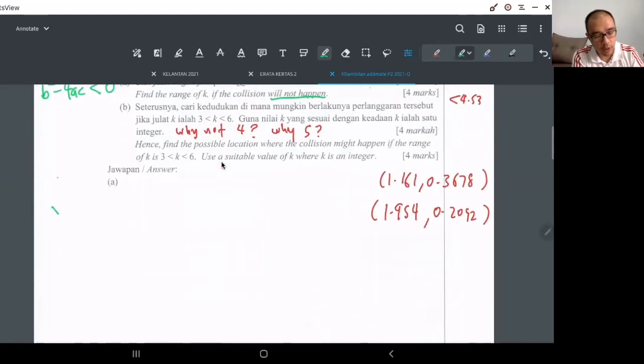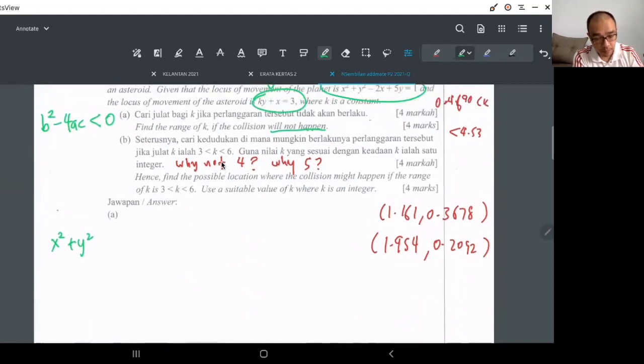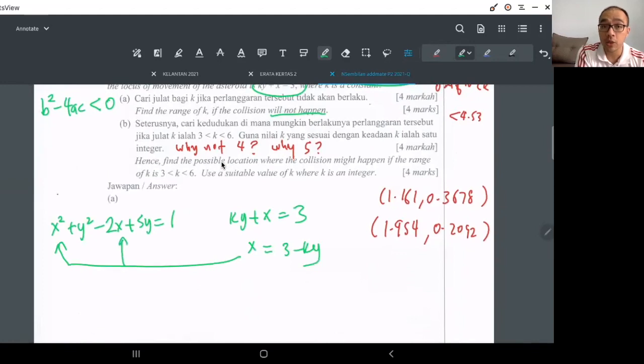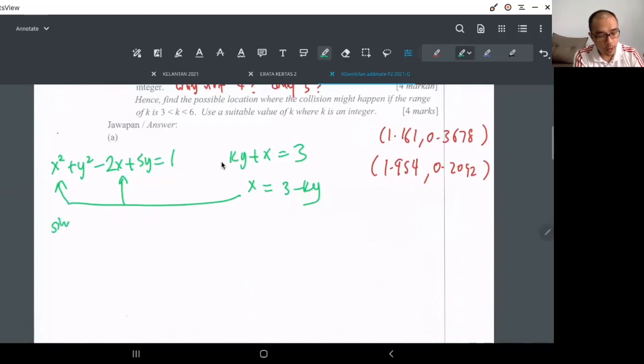Okay, so I start with the locus, x squared plus y squared minus 2x plus 5y equals to 1, and I'm given ky plus x equals to 3. So maybe the best way is I make this x equals to 3 minus ky, and then I substitute in here to perform the simultaneous equations. Then I simplify to get a quadratic equation. And then I use b squared minus 4ac is less than 0.